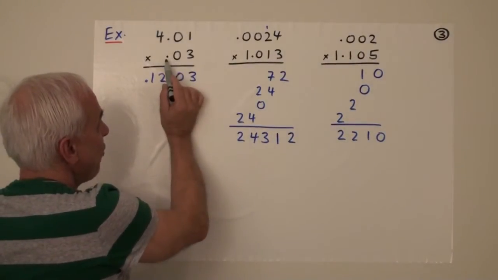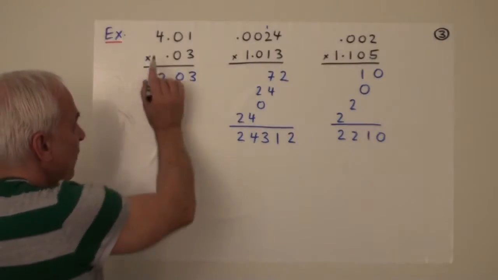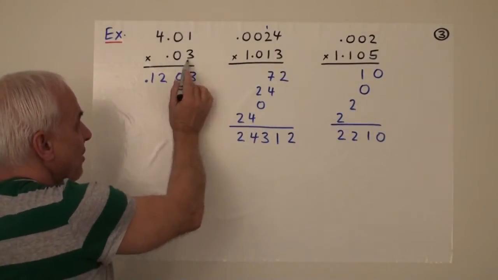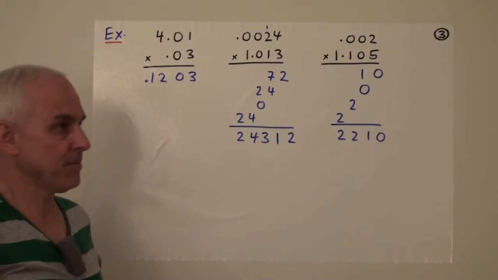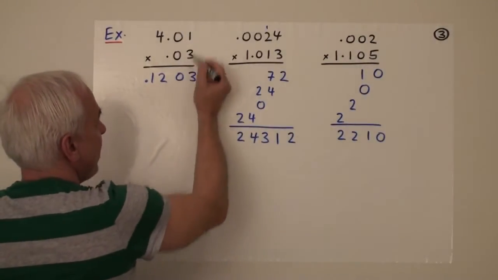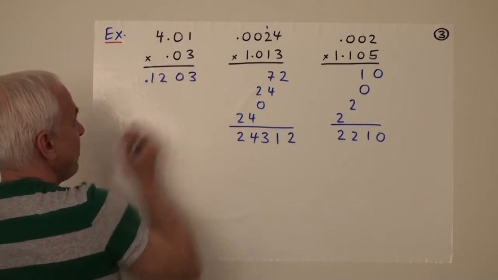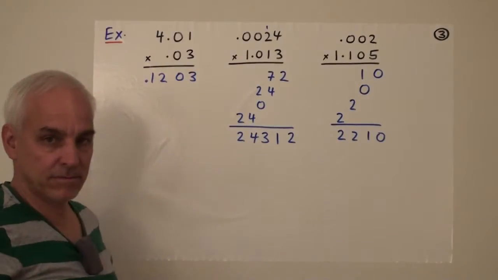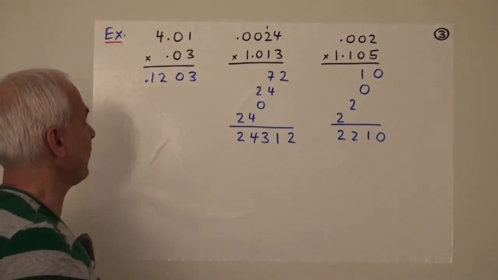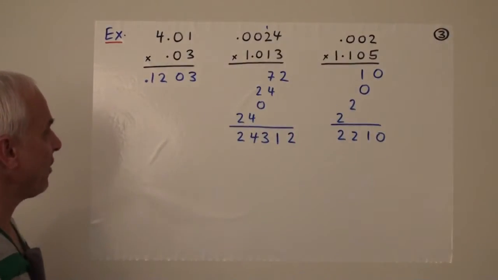4.01 times 0.03. We're going to pretend that this is just 401 times 3 for now, and then we'll compensate at the end. So 3 times 1 is 3, 3 times 0 is 0, 3 times 4 is 12, which we write down like that. The 0 here has no effect, so we don't even need to worry about things. Okay, so what are we going to do now with this 1203?